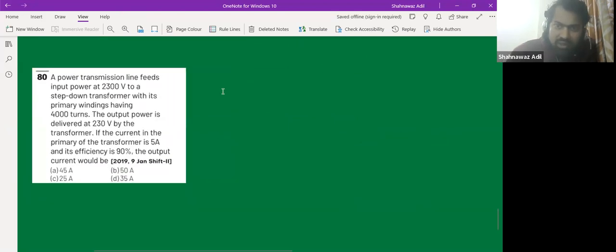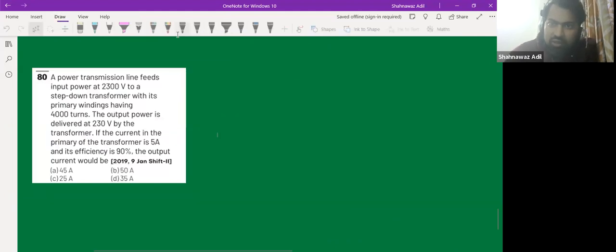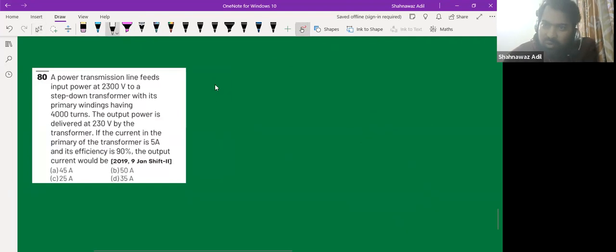Okay, so a power transmission line feeds input power at 2300 volts to a step down transformer with its primary winding having 4,000 turns. The output power is delivered at 230 volts.